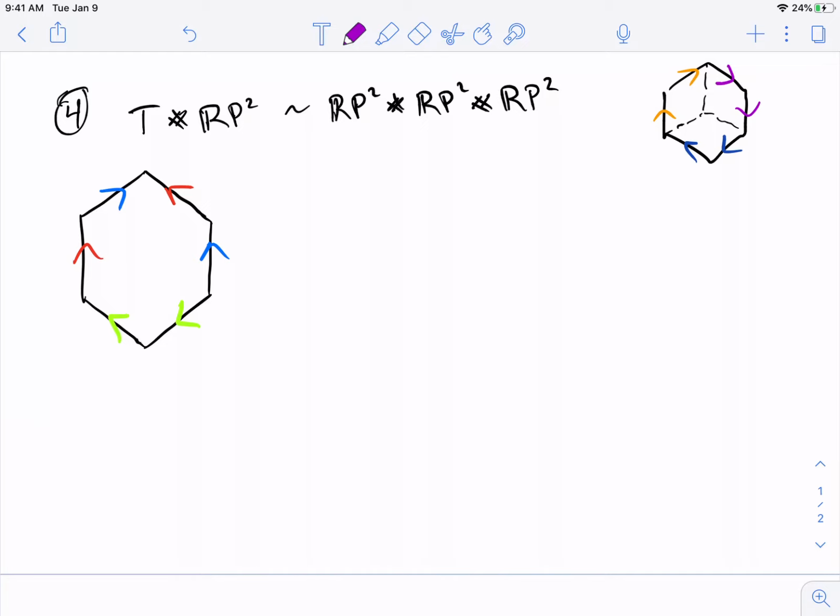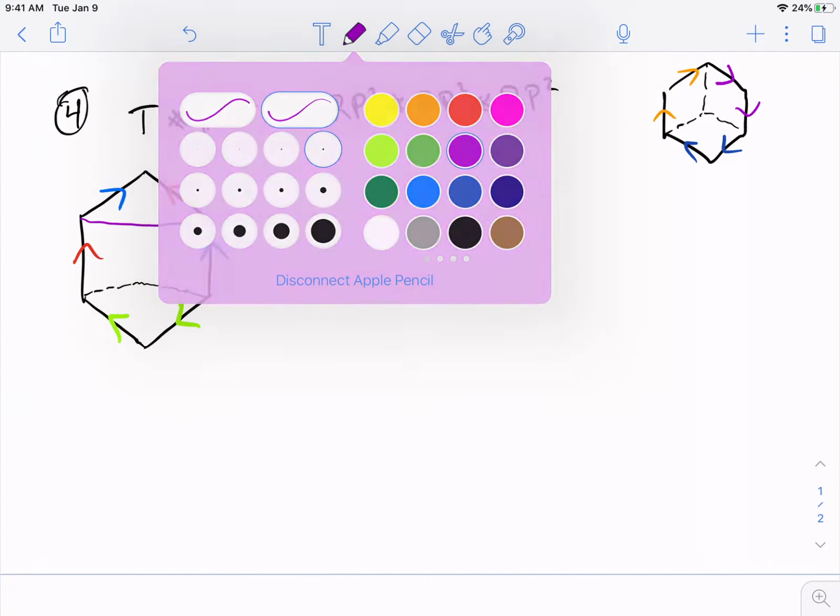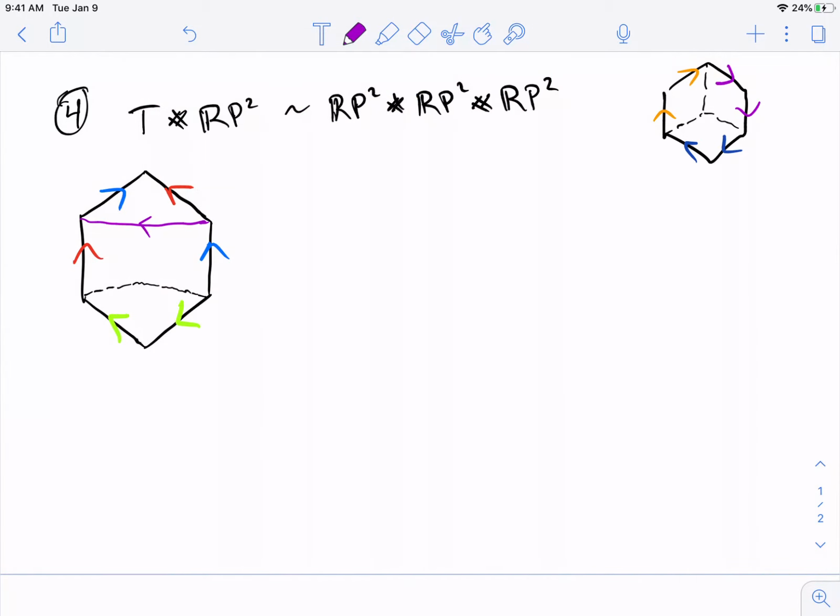If I just do a cut like this, that's only separating torus edges from the rest of the stuff, then in some sense, here's the boundary of the connected sum between the torus and the RP2. What this purple cut is doing is it's just cutting up the torus.